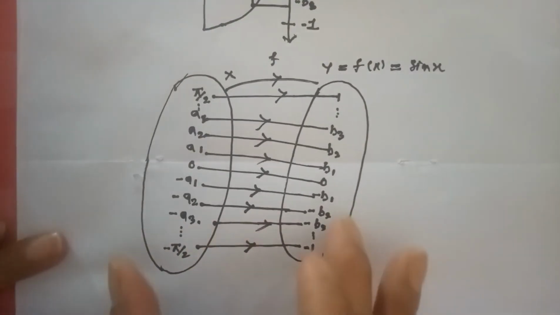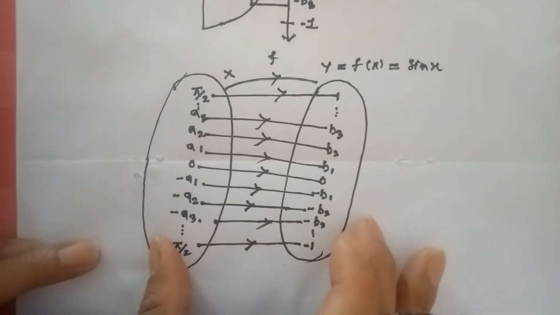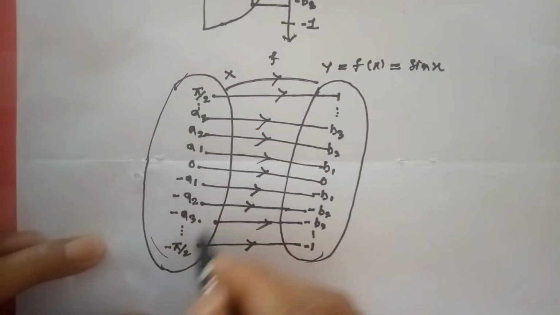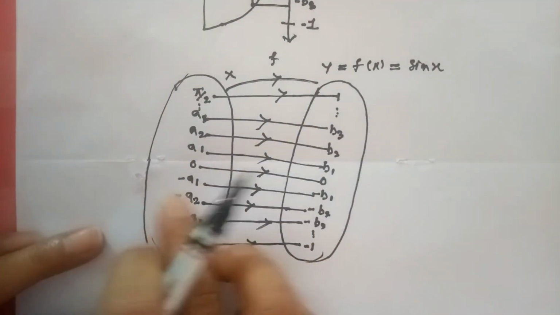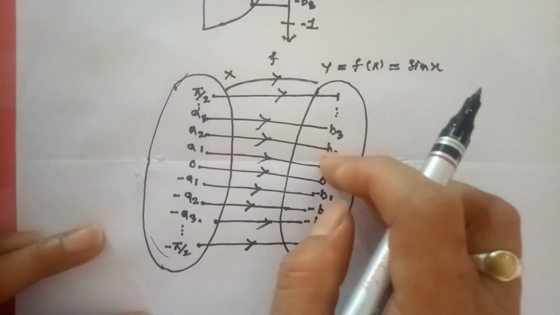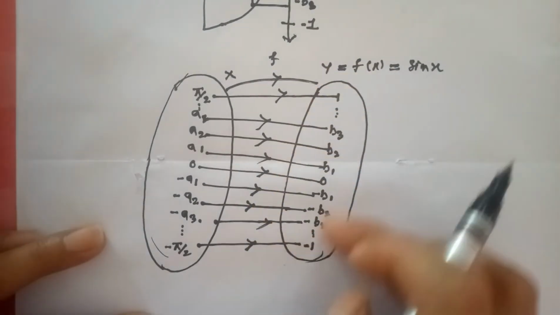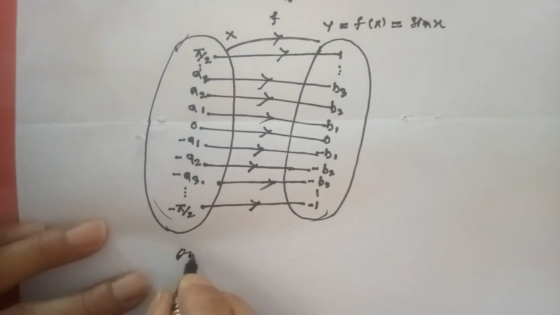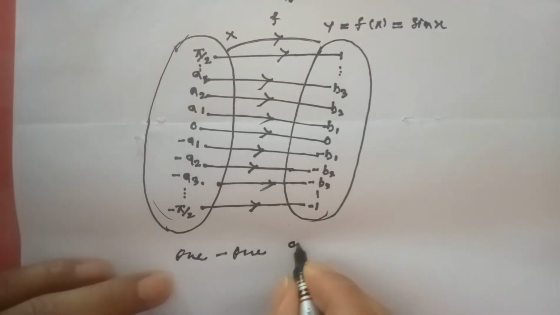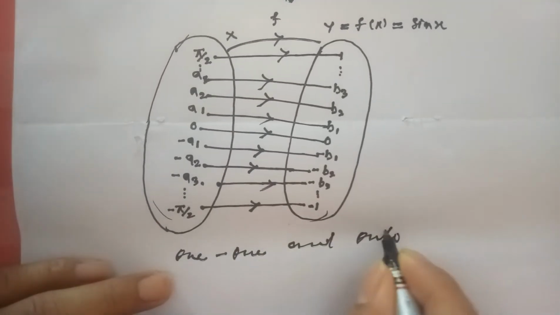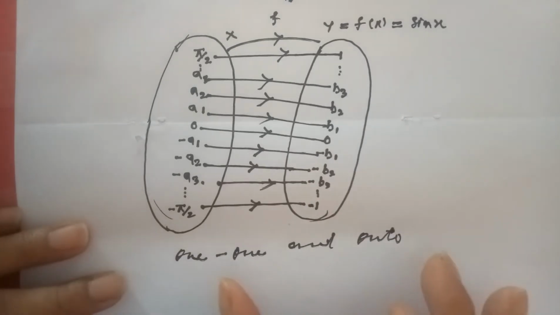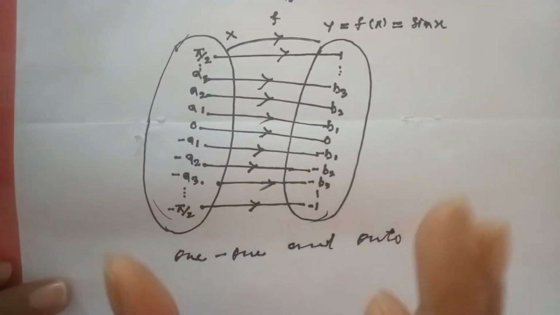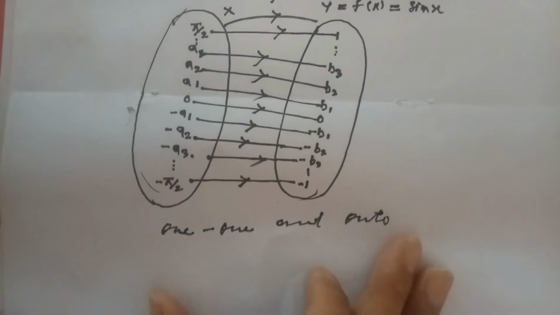This is the mapping, the pictorial diagram. Now we see all elements of x have distinct images in y, and all elements of y have a pre-image here. So the function is 1-1 and onto.